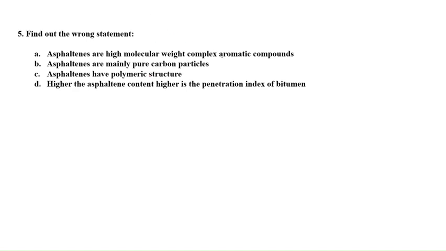Asphaltenes are high molecular weight complex aromatic structures. This is the correct statement. Asphaltenes are mainly pure carbon particles. This is not correct. Asphaltenes have polymeric structure. Higher the asphaltene content, higher is the penetration index. This is also correct. Asphaltenes are not mainly just carbon particles.